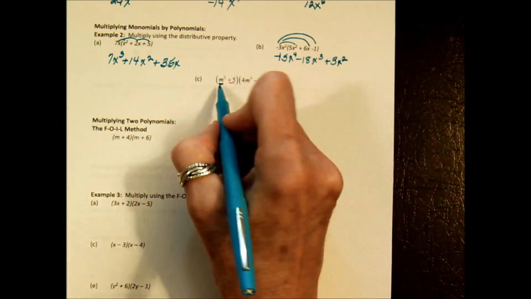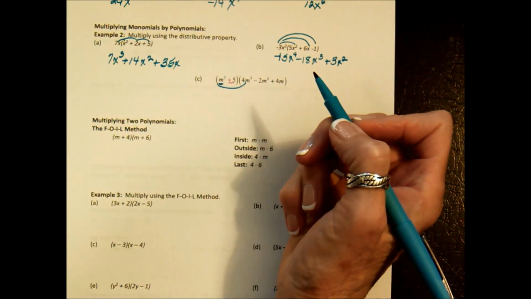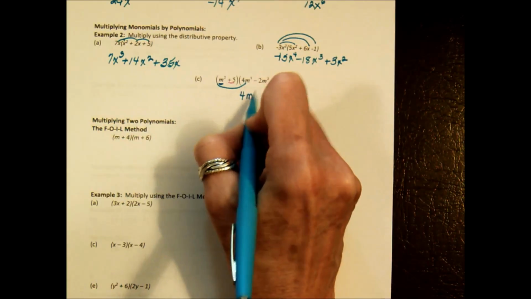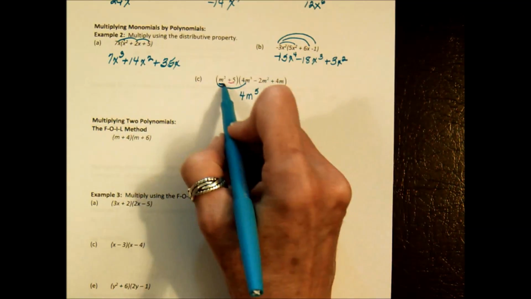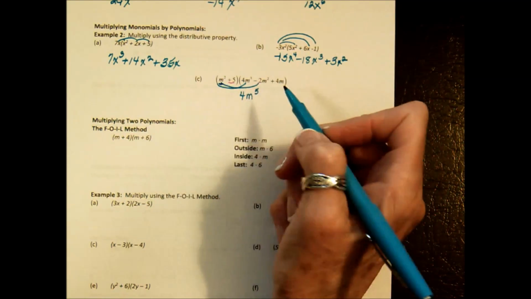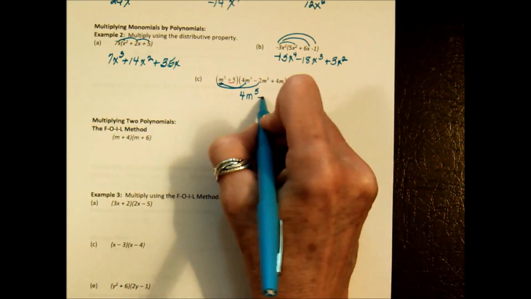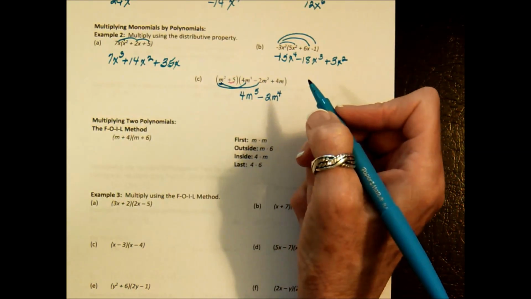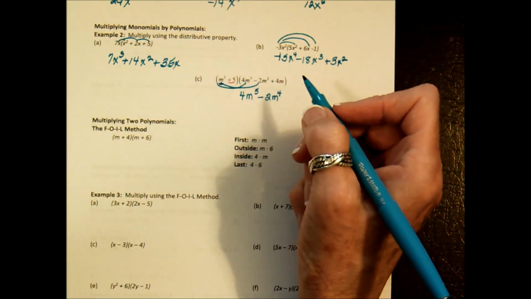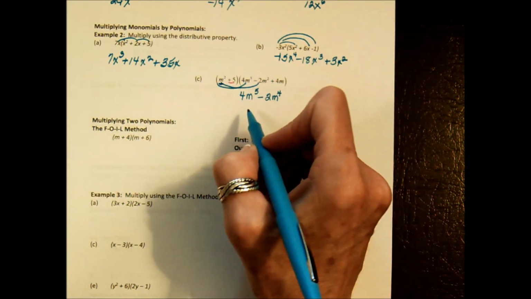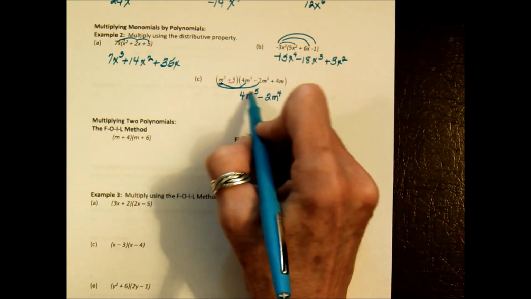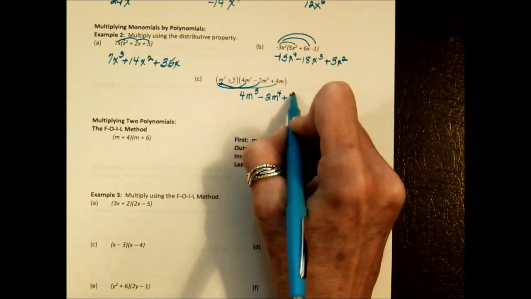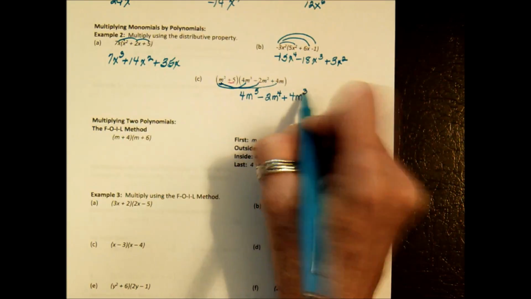So we start out m squared times 4m cubed is 4m to the 5th. And then m squared times negative 2m squared is negative 2m to the 4th. Then we have m squared times positive 4m is positive 4m cubed.